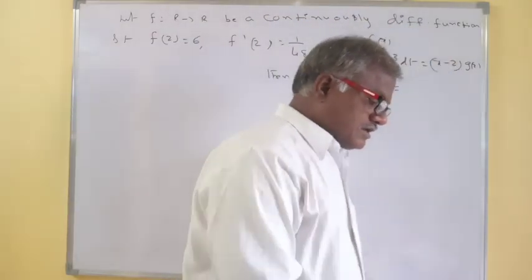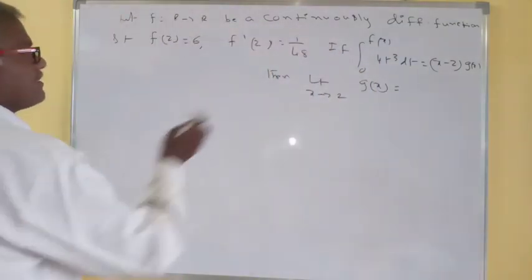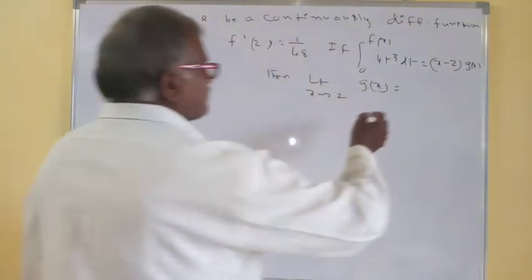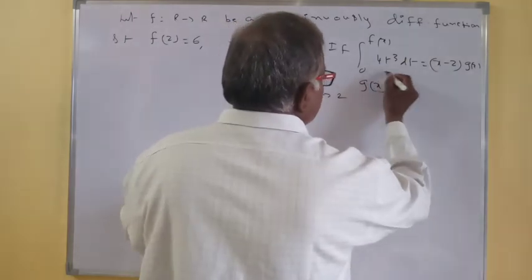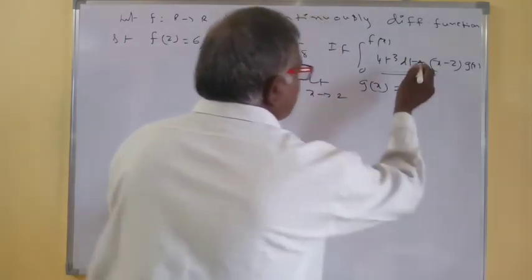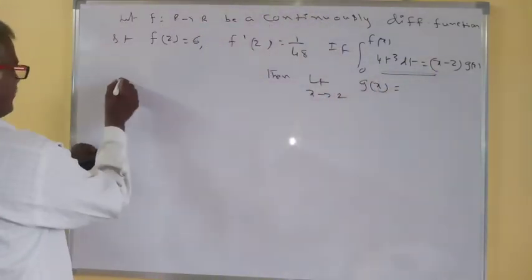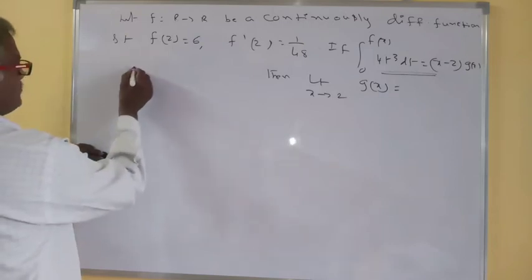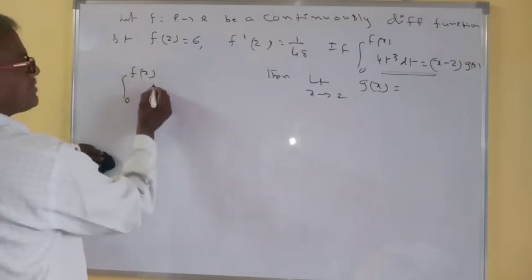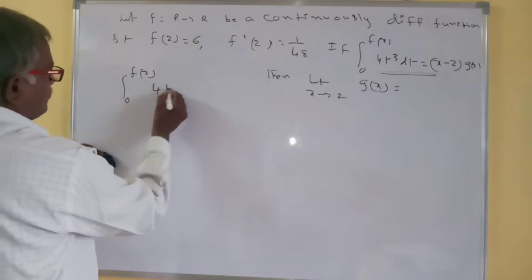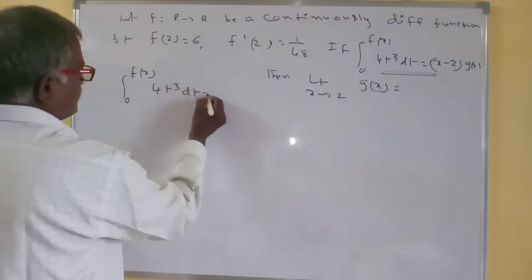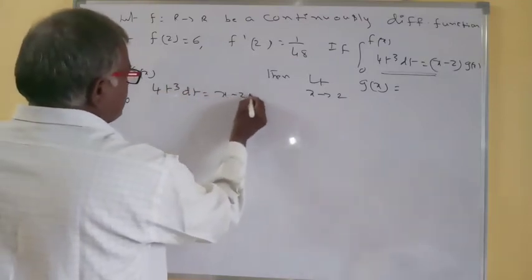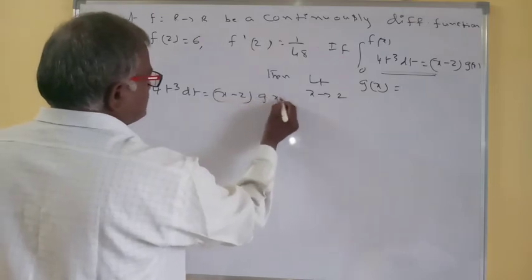So you see, what is given here? Simply this value: the integral from 0 to f of x of 4t cube dt is equal to (x minus 2) into g of x.